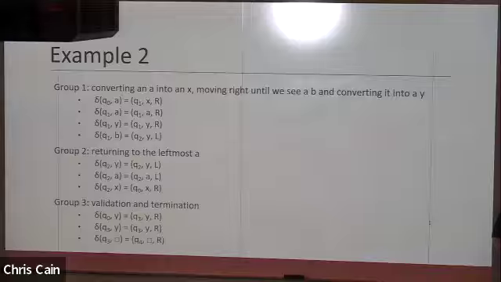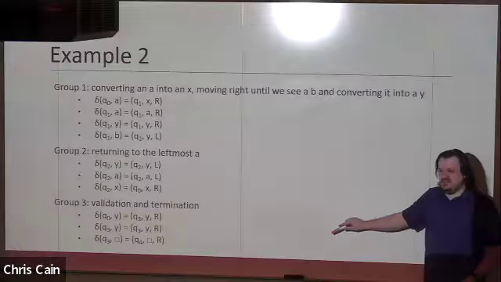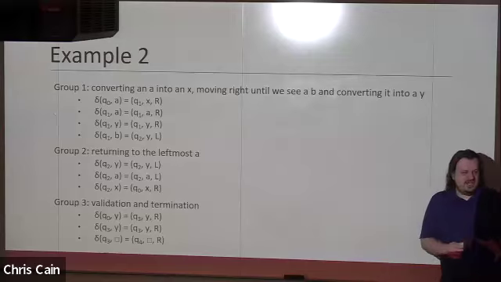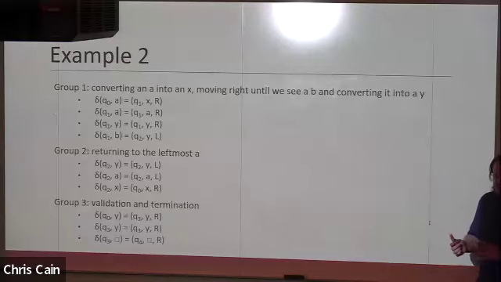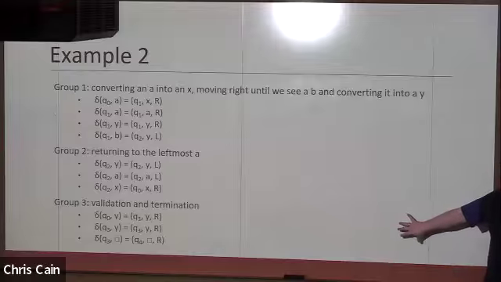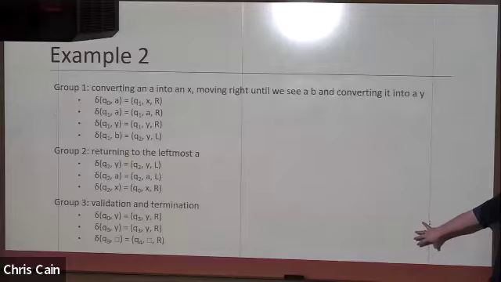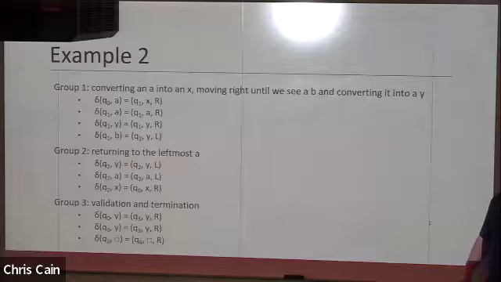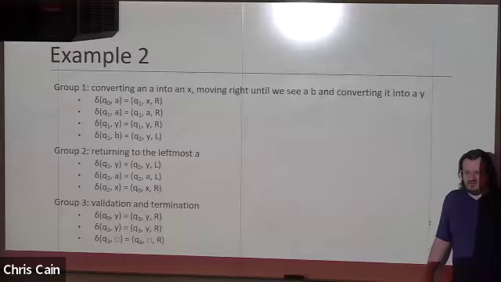But what happens if there are more B's than A's? We have something like ABB. That is not something that we handle here. It's going to look like we saw some A's, we matched them to some B's. If we just try to halt at this point and accept, that would be wrong. We would be accepting strings like ABB or AABBB, any string with more B's than A's.